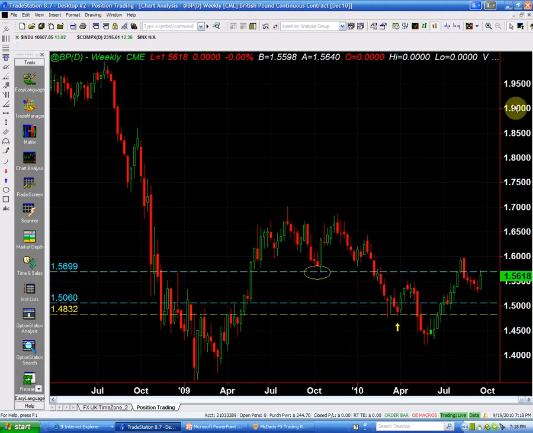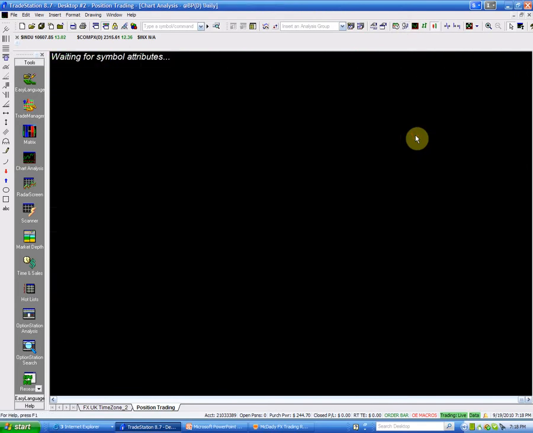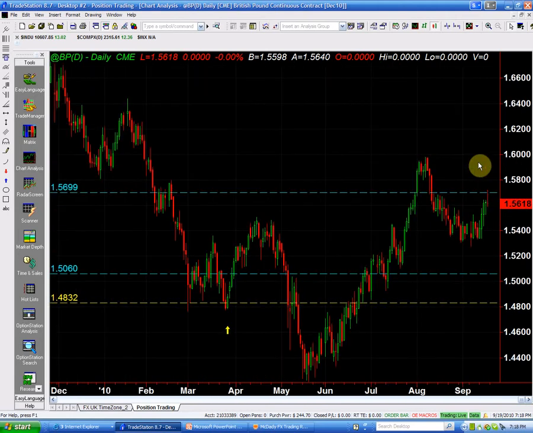So this is also another failure, and you can see it much more clearly now on the daily chart. And as you can see from here, when the pound failed to stay above the 156.99, that was the direction of the move.